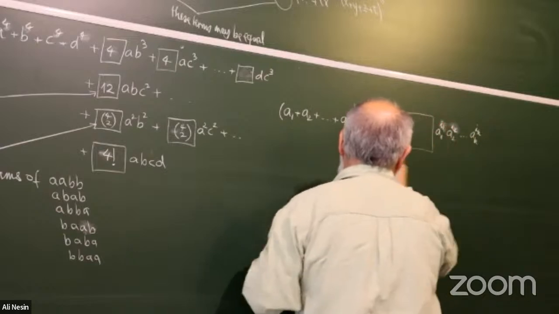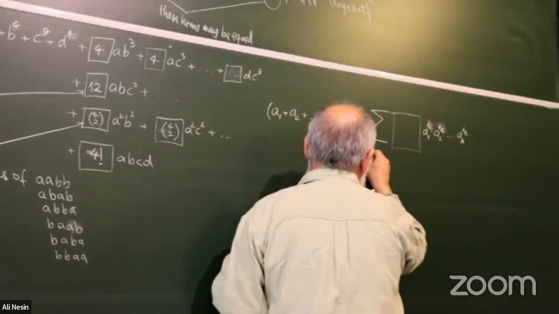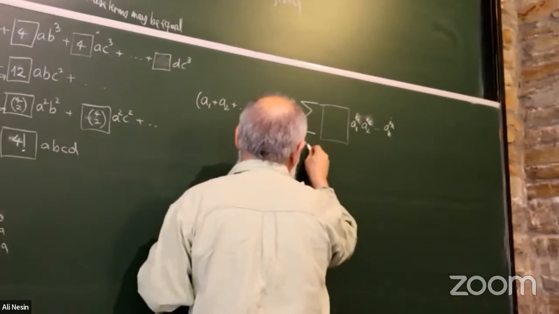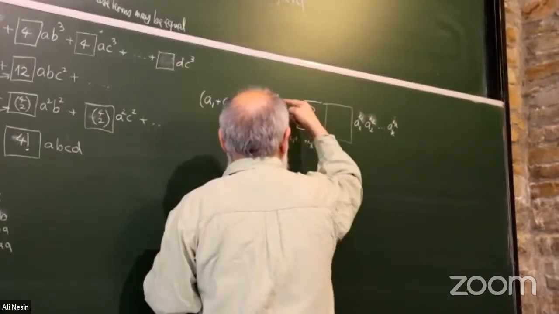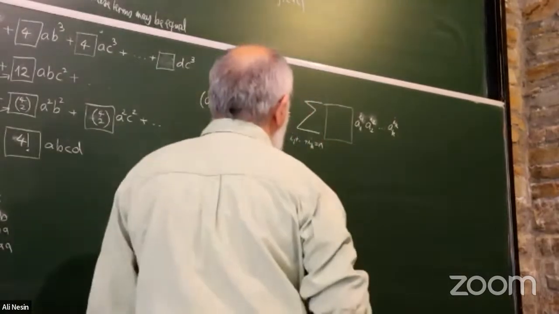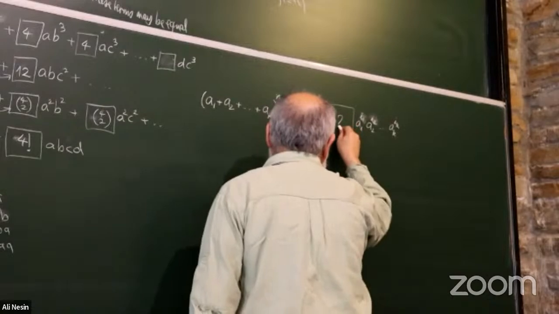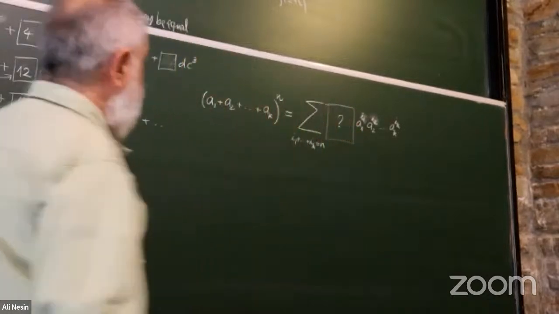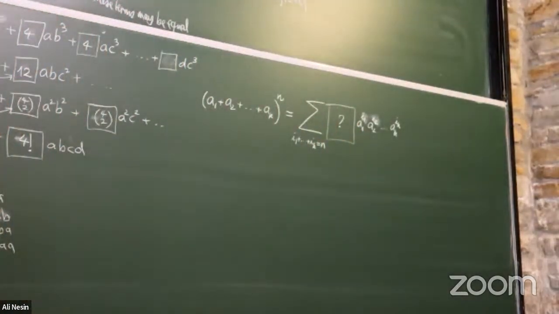And of course, the sum I1 plus I2 plus IK will be n, the power here. And here I will have something. What is this number?